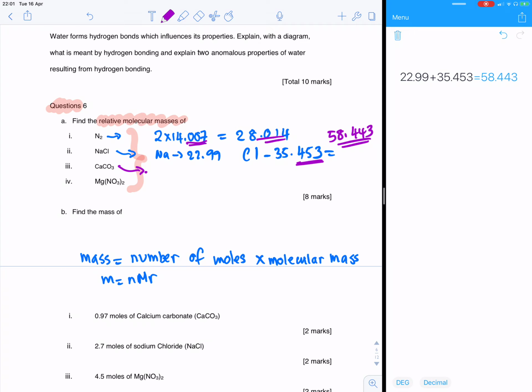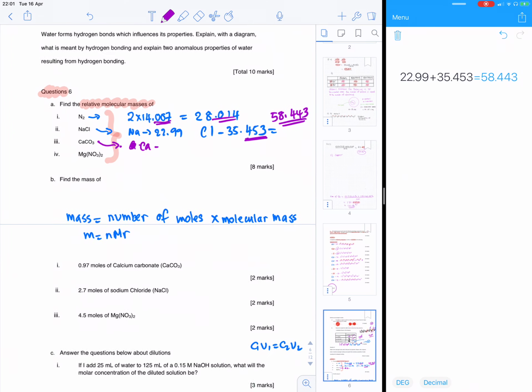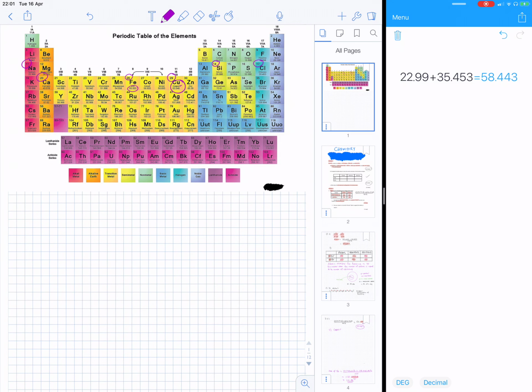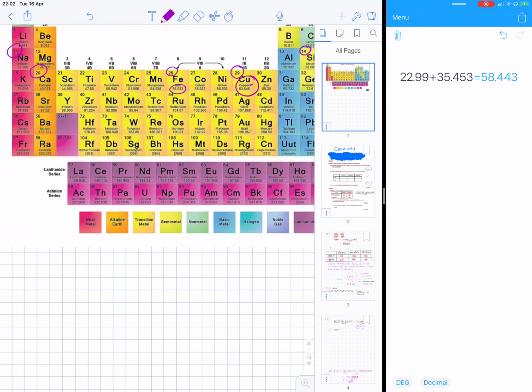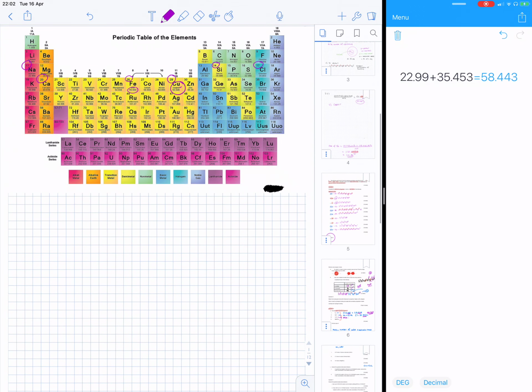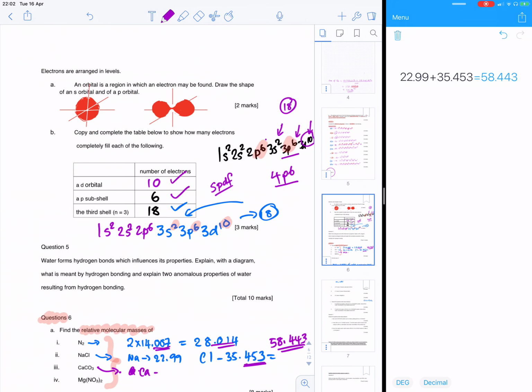Let's look at calcium carbonate. So calcium carbonate is made of calcium, carbon and oxygen. Let's have a look at calcium. So calcium is here and it's 40.078. Calcium is 40.078.